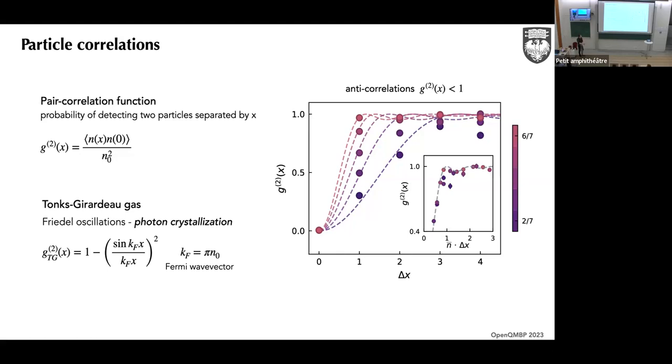And when we rescale this x-axis with the density, all the points collapse onto this universal Tonks-Girardeau theory, where we can see some tiny oscillating correlations. These are Friedel oscillations, which are a signature of the fact that our strongly interacting photons, confined in 1D, act as free fermions.